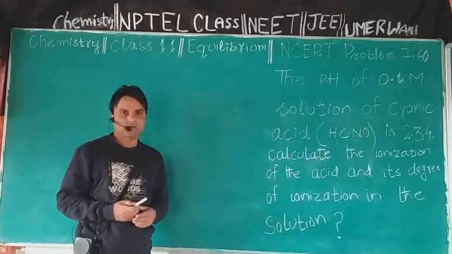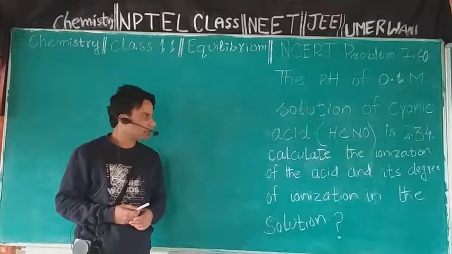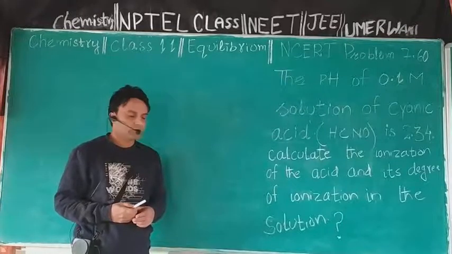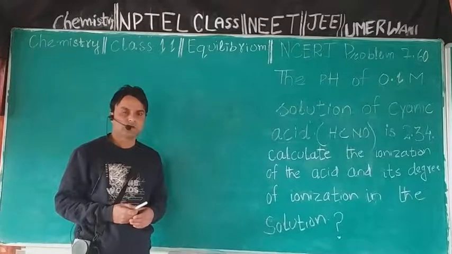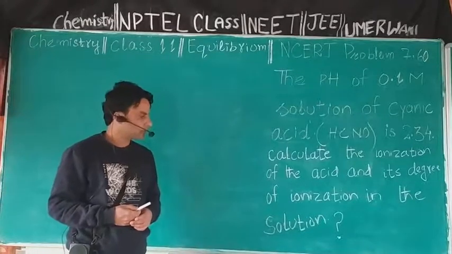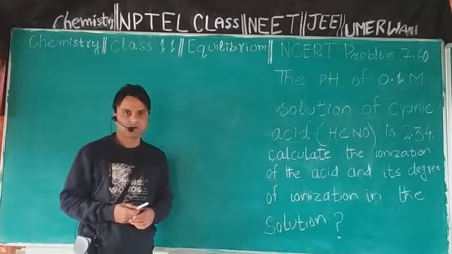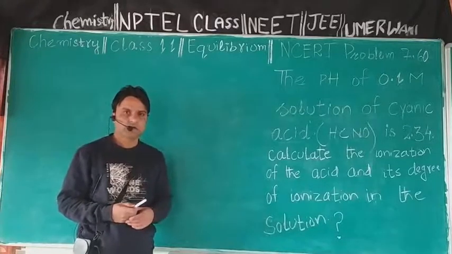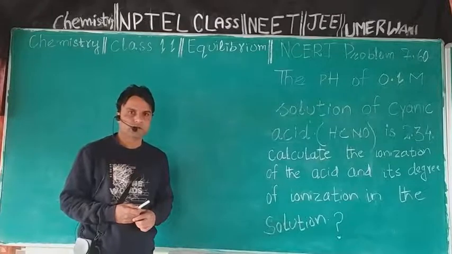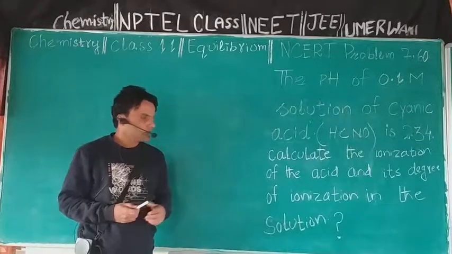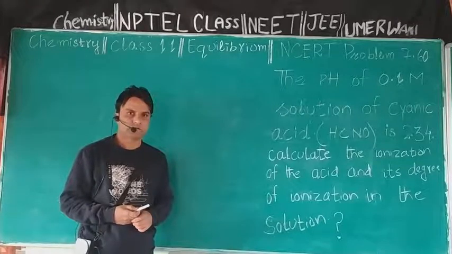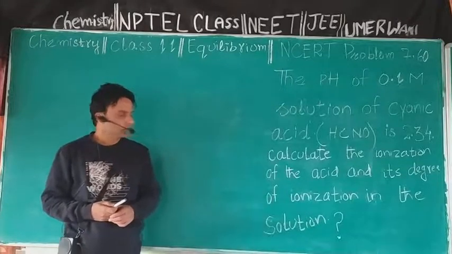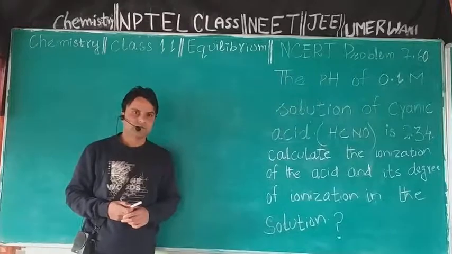What we need to know is what is the relation between molar concentration, pH, ionization constant and degree of ionization. We should be able to relate molar concentration and pH with the ionization constant of the acid and its degree of ionization.